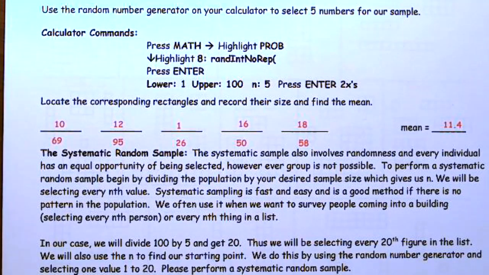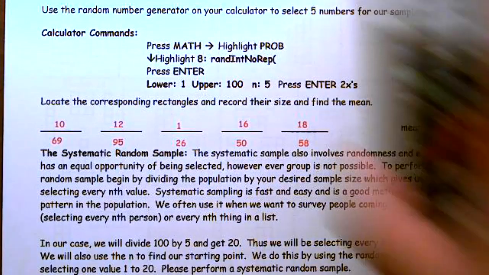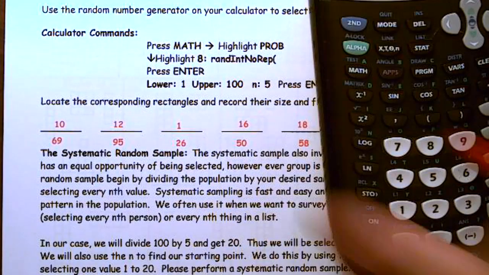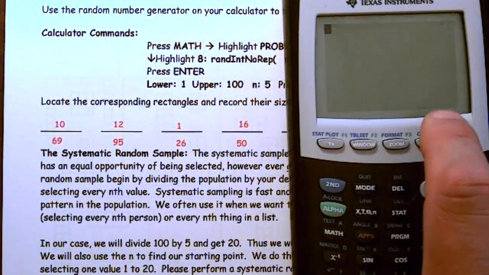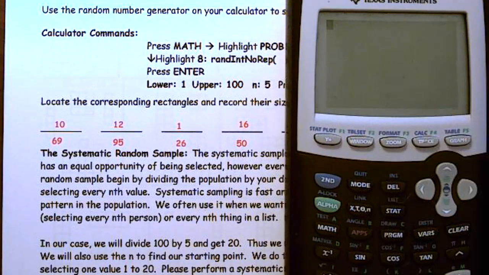So everyone has an equal chance of being selected. Now, I wanted a sample size of 5, okay? Well, since I wanted a sample size of 5, I'll take my population size, which is 100. So my population was 100, and I'm going to divide it by 5.